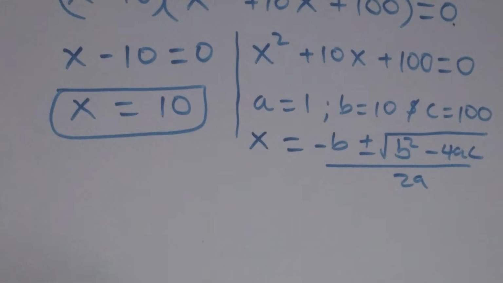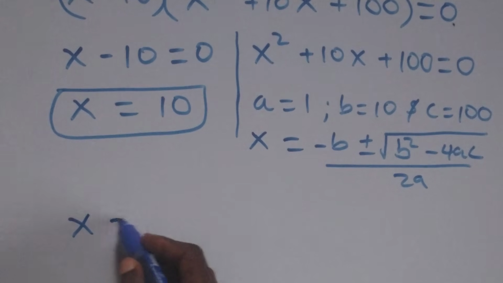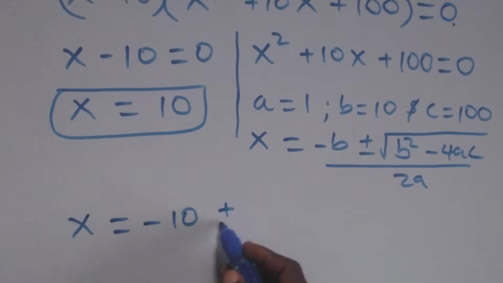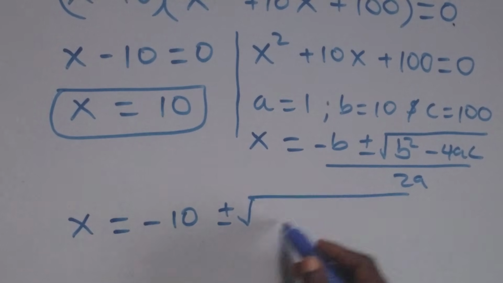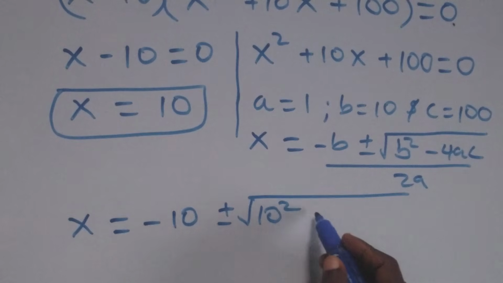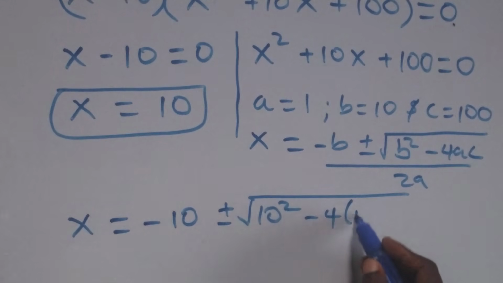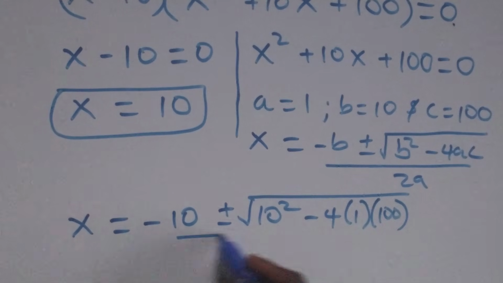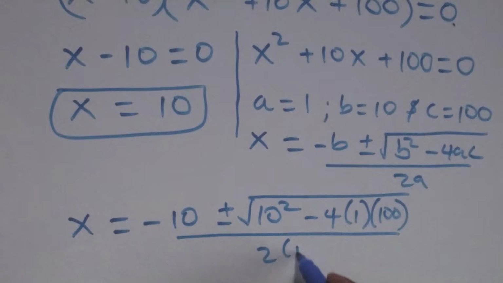Then what we have becomes x equals minus 10 plus or minus square root of 10 square minus 4 times 1 times 100, all over 2 times 1.